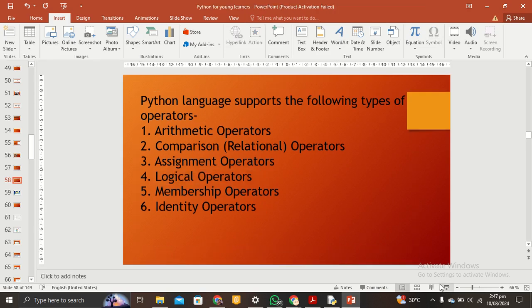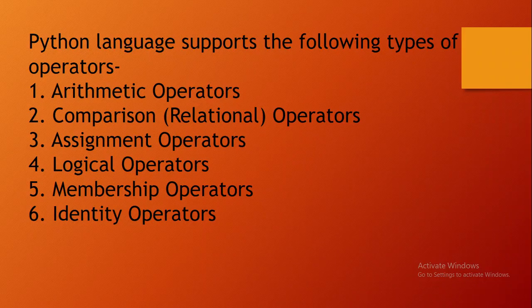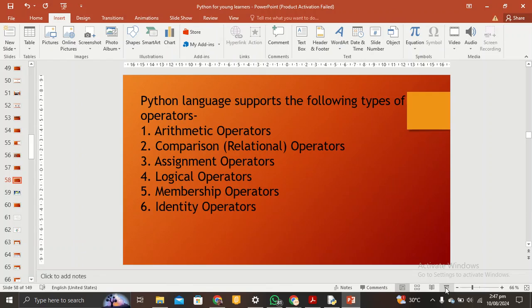Have you written them down? Yes, ma. No, ma. Okay, I give you 2 minutes to write. Write it down in your notes. These are the types of operators we'll talk about. Mute your mic.